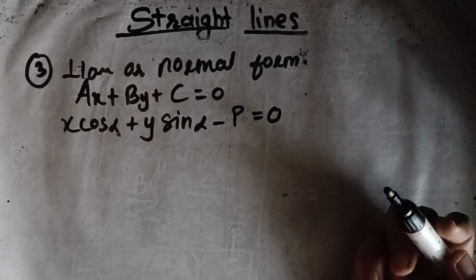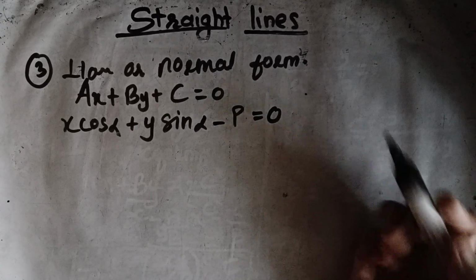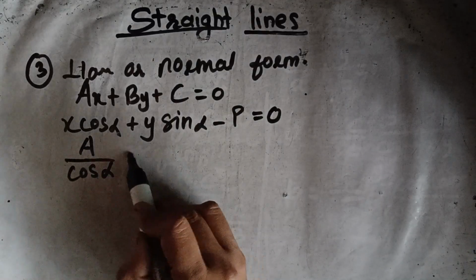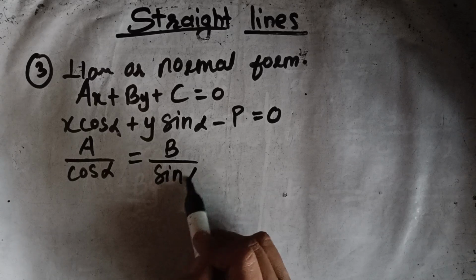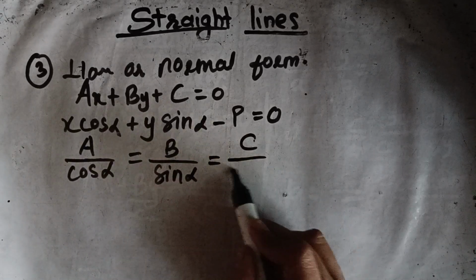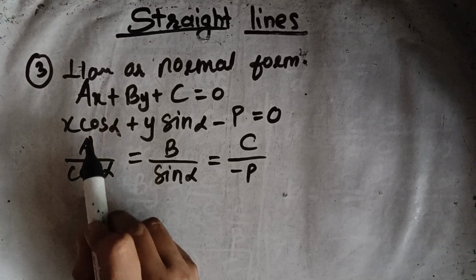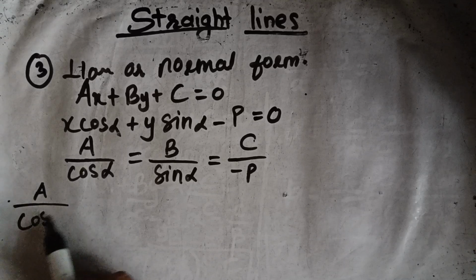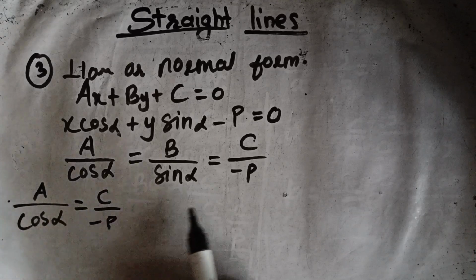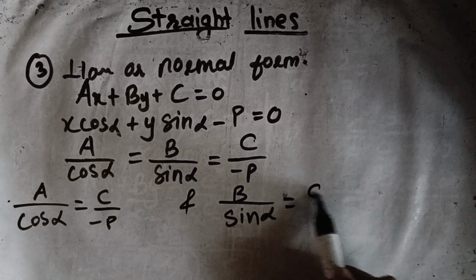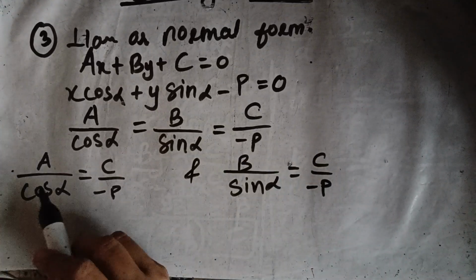Comparing the two equations, we get a upon cos alpha, b upon sin alpha, and c upon minus p. So a upon cos alpha equals c upon minus p, and b upon sin alpha equals c upon minus p.